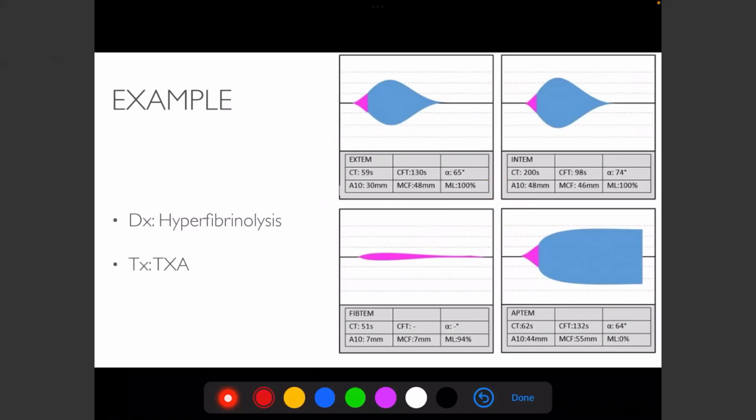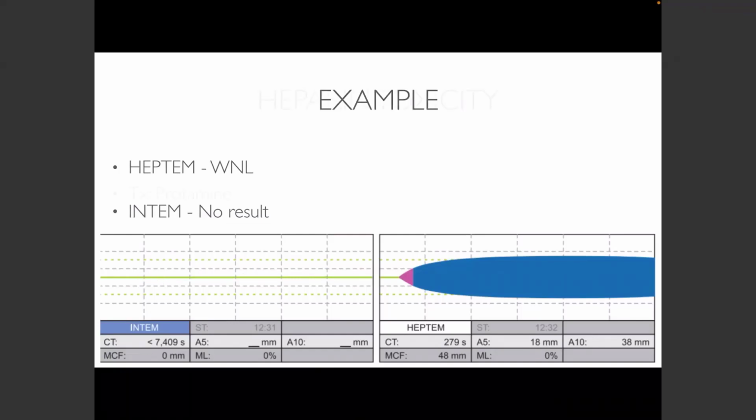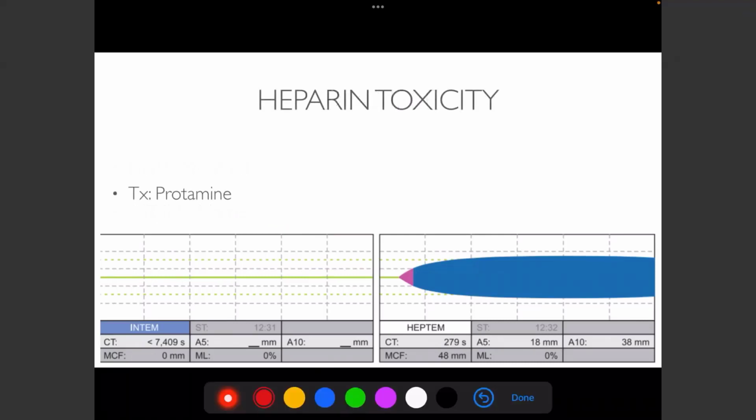Next one, post-op heart, for example. You have no results on the INTEM, so it just keeps going, and the HepTEM is completely normal. So which one is that? Someone forgot the protamine. Yeah, so it's heparin toxicity. You have too much heparin on board, so you get protamine.